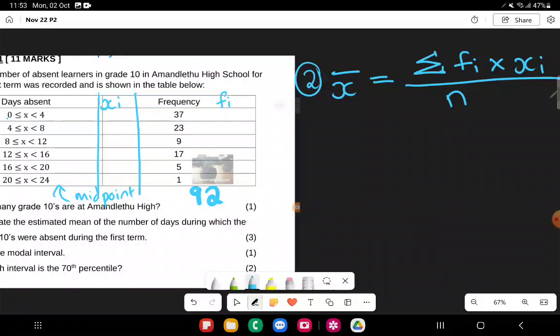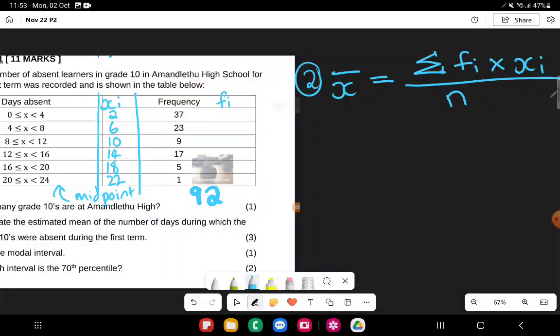So halfway between 0 and 4 is 2. Between 4 and 8 is 6. 8 and 12 is 10. 12 and 16 is 14. 16 and 20 is 18. 20 and 24 is 22. So even if the question does not ask you to do this on the table, you have to do it in order to answer the question.